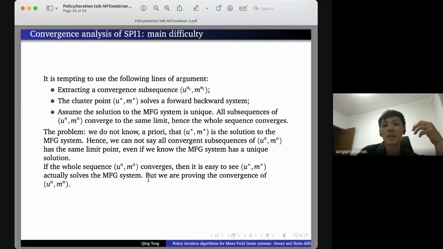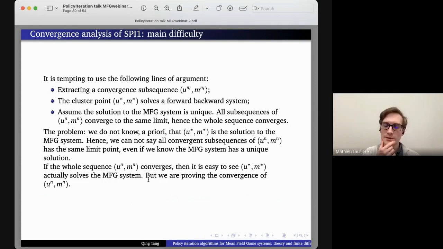But the problem is that we do not know if Qn converges or Un, Mn converge. We extracted a subsequence. If I don't know if a sequence is converging and I extract a subsequence, then I cannot be sure that a subsequence of the mean would also converge to the same limit.